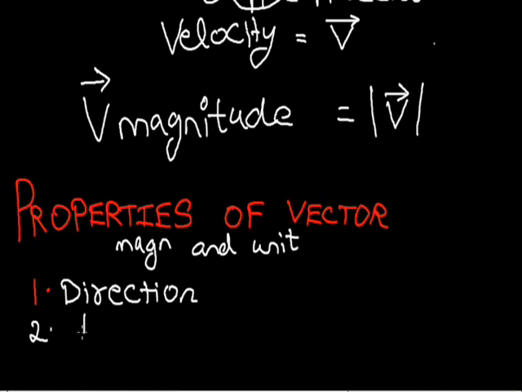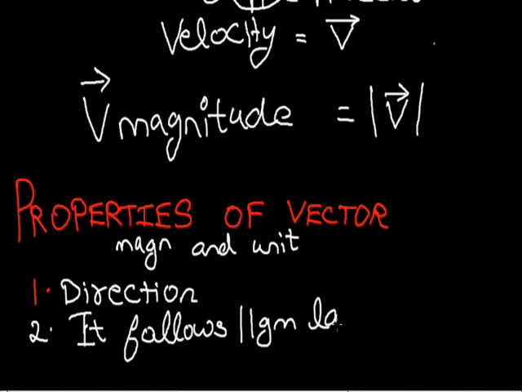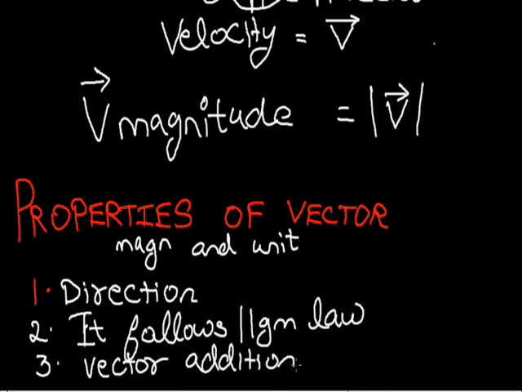Second, it follows the parallelogram law of vector addition. Addition of vectors is commutative. Okay. This means vector addition is commutative.